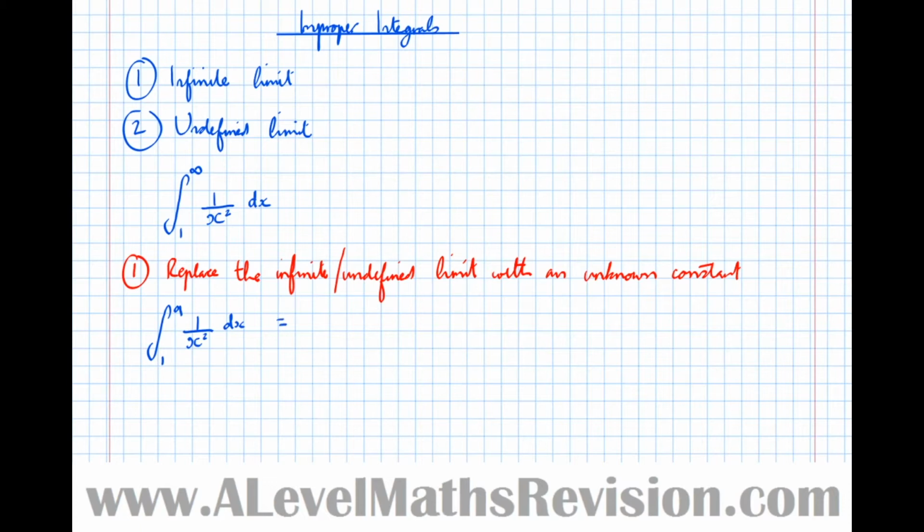So it equals the integral between a and 1 of x to the power of minus 2 dx equals, well, add 1 to the power gives x to the minus 1, divide by the new power makes it negative, between a and 1 equals, and we're almost there, minus a to the minus 1 minus minus 1 to the minus 1 equals 1 minus 1 over a. So we've found the integral, but having replaced the infinite limit with an unknown constant.